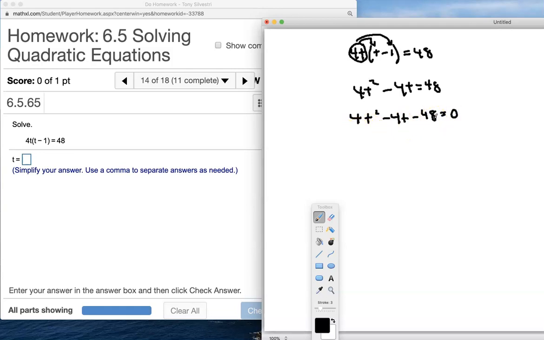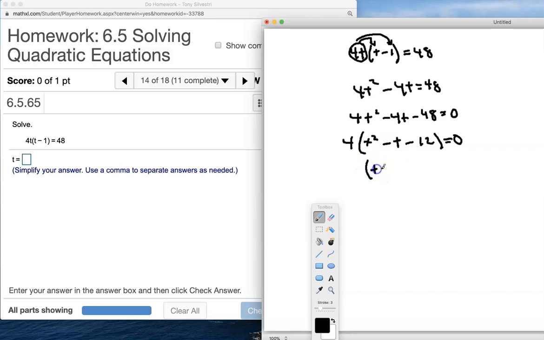Now, how do we factor that? I can see right off the bat I can pull out a 4. You need to get that common factor out of there. T squared minus t, divide by 4, minus 12 equals 0.